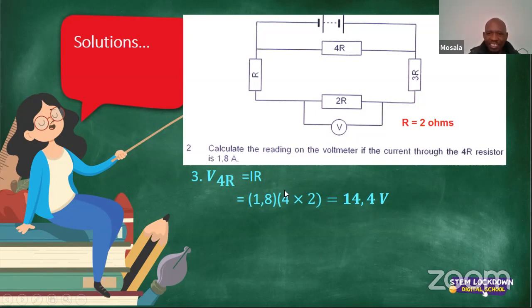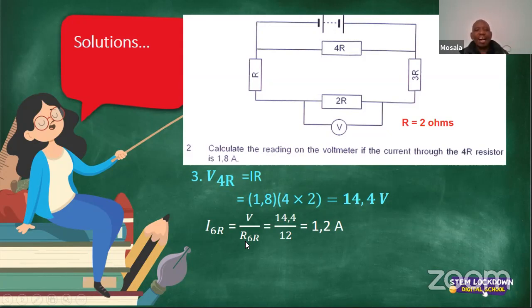But the question wants the reading on this voltmeter. So how do we get that reading? We know that I, current, equals voltage over resistance. Now, why are we doing this?